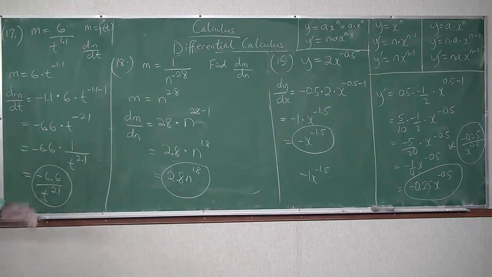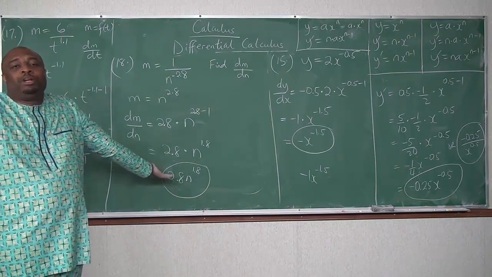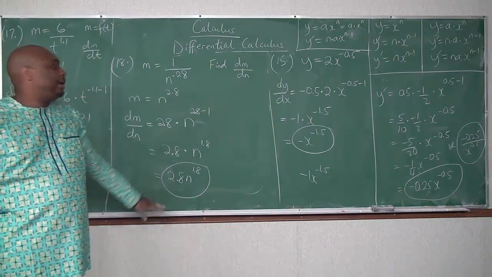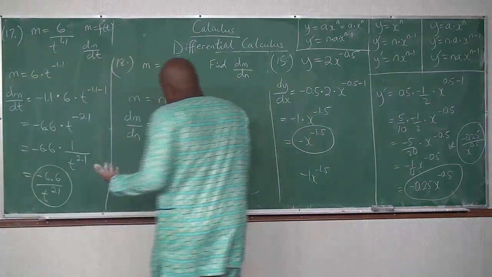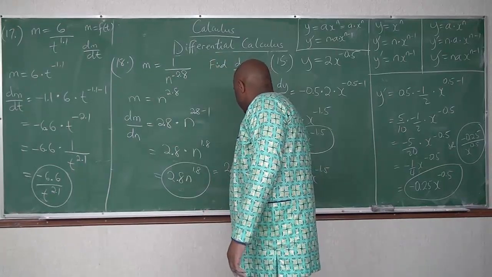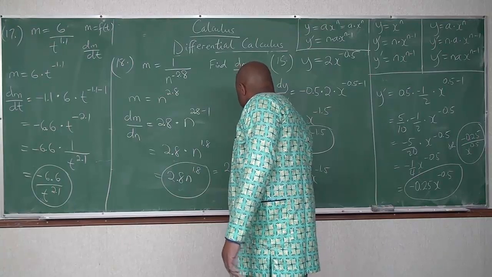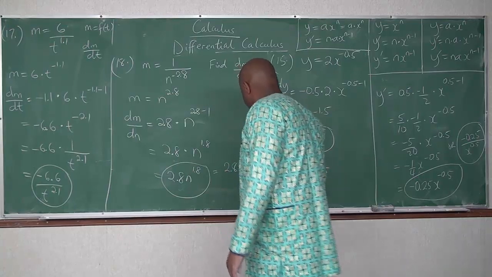Okay? Now, some of you will say, Mr. C, why don't you leave it in that form? It doesn't matter. Honestly, it doesn't matter. If you want to leave it, this is okay. Because we don't really want negative exponents anyway. But if you want to still leave it in this form, you could say 2.8 times 1 over n negative 1.8.